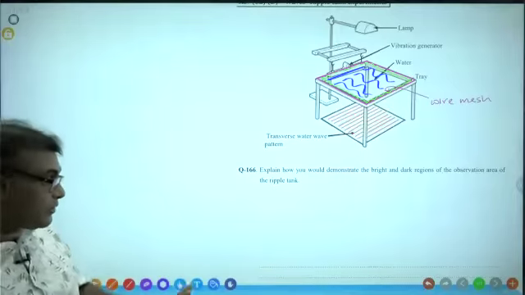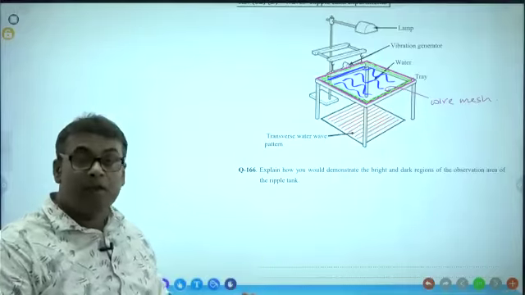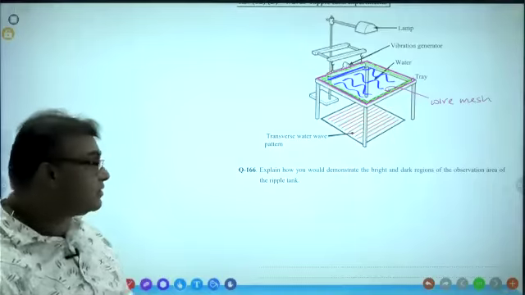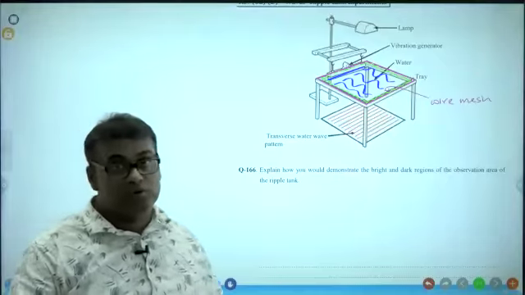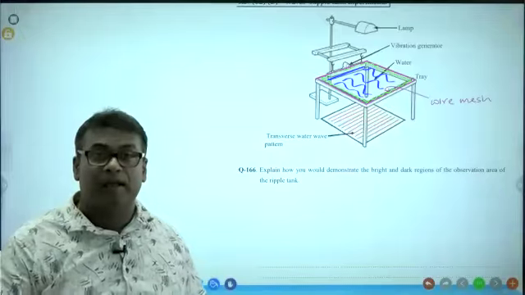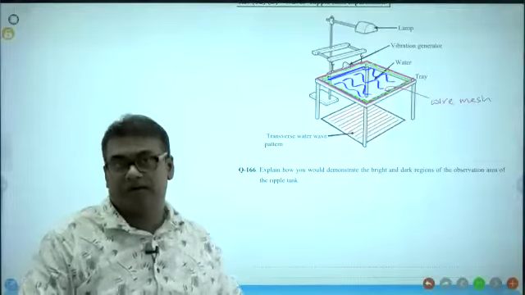After achieving the wavefronts, by seeing the variation of wavefronts with different kinds of applications, we are going to discuss the demonstration of reflection, refraction, diffraction, and interference.